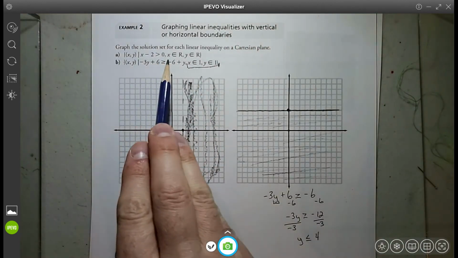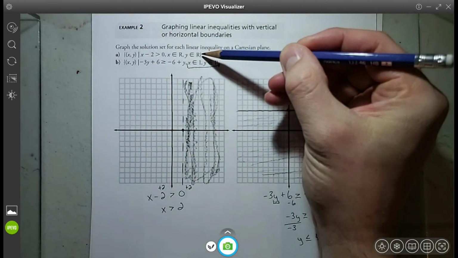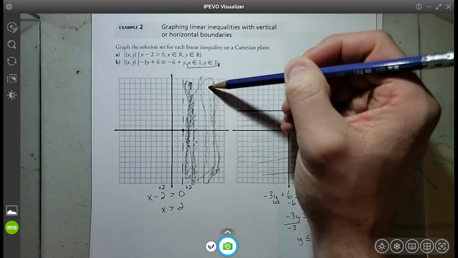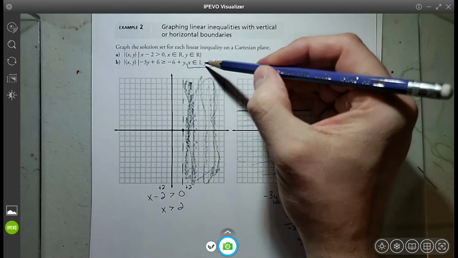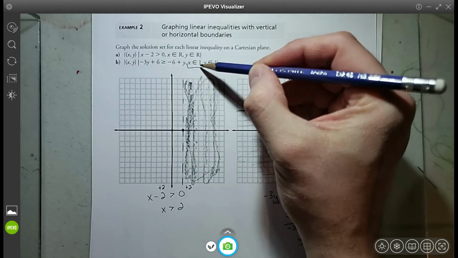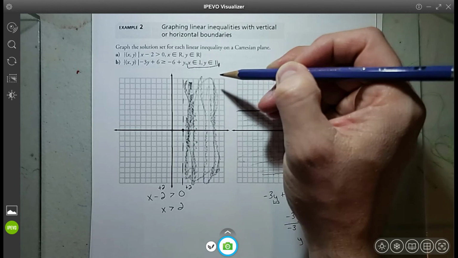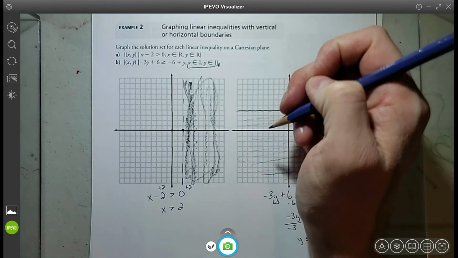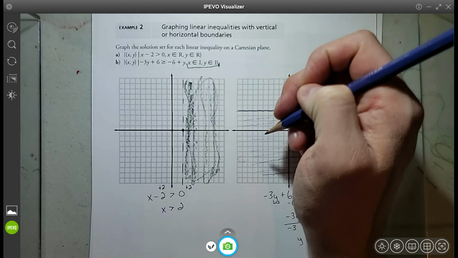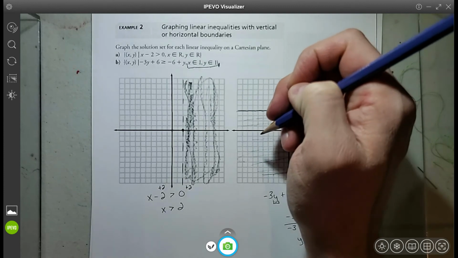Right, in our first example, x and y were elements of the reals, so all of the little points in between were okay. In part B, just to make things complicated, they're saying x and y are elements of the integers. So we can only have whole numbers. We can't have decimals or anything like that.